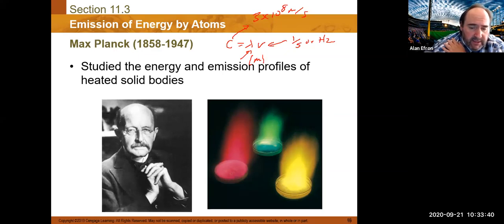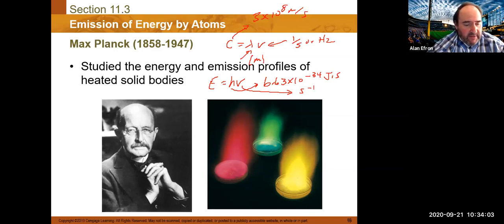We also talked about how you could tie that into energy, which is E is equal to h times the frequency, h being Planck's constant. That's 6.63 times 10 to the minus 34 joules times seconds is the units. Again, the frequency here is in reciprocal seconds or hertz. And you can put both of those together, which is often very useful because all you need to know is the wavelength.